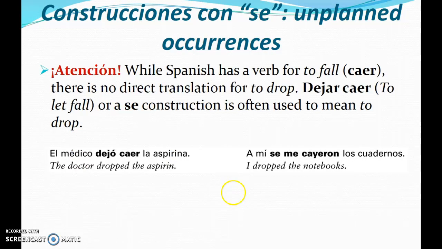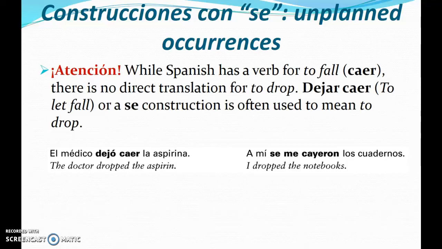Okay. Now, while Spanish has a verb for to fall, there's no direct translation to drop something. Okay. So, dejar caer is to kind of let something fall. So, you can use either dejar caer or the se construction with caer to mean to drop.